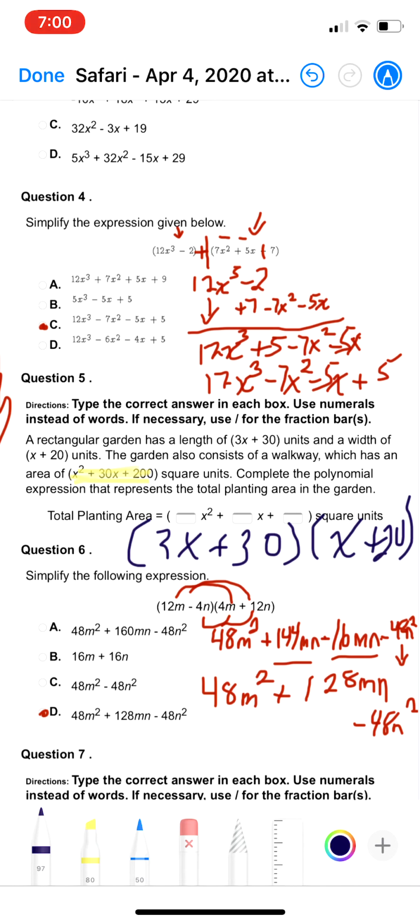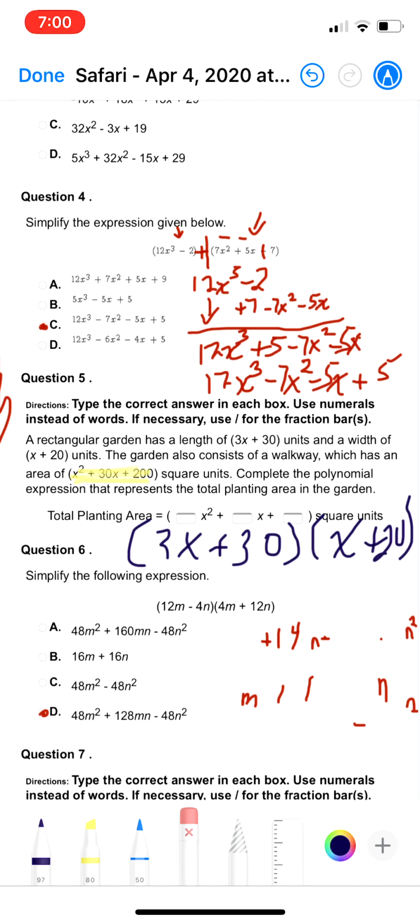Once you FOIL that, you're going to have 3 terms. I'm going to erase this bottom part here so I have room to work with. Okay, once you FOIL this, I'm going to pretend that you did it on your own.